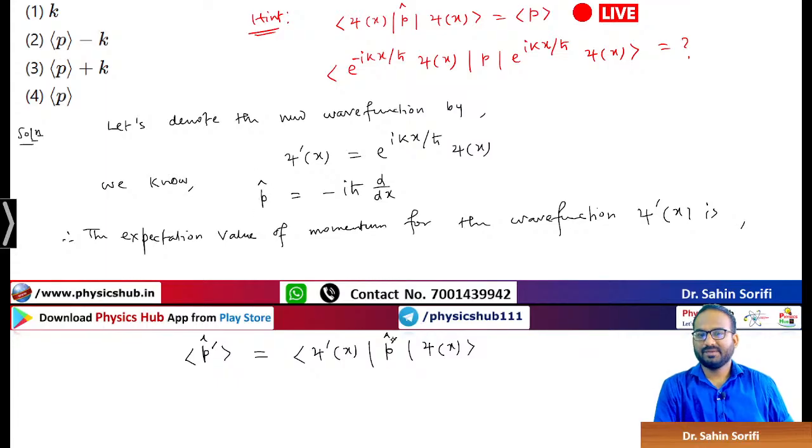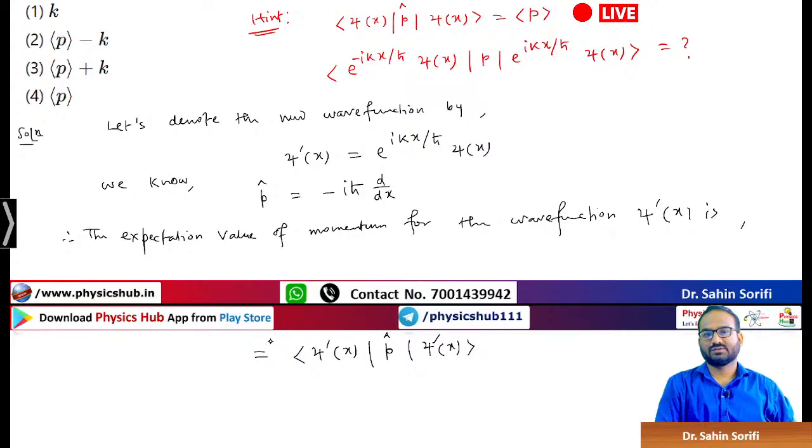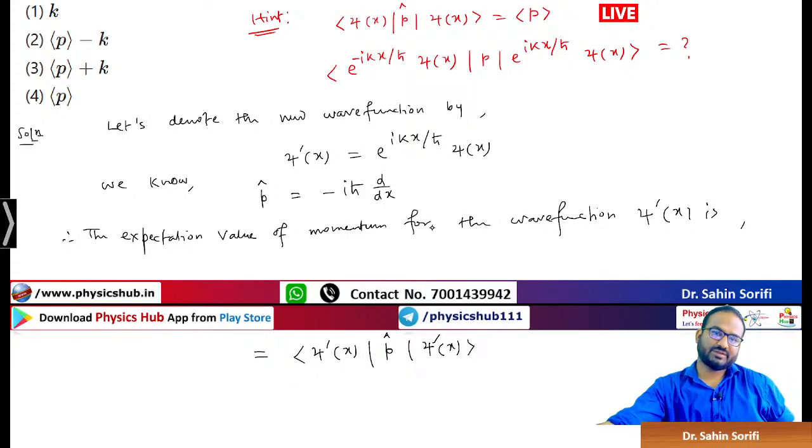This operator p will be the same, but the overall value will be different. That is why we are writing it as p prime. The wave function is changing, so automatically the momentum expectation value will change.